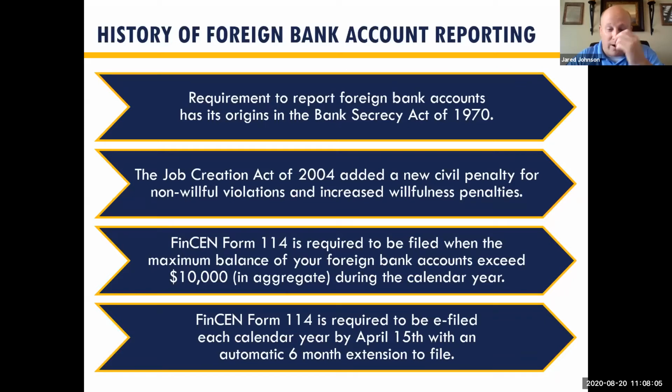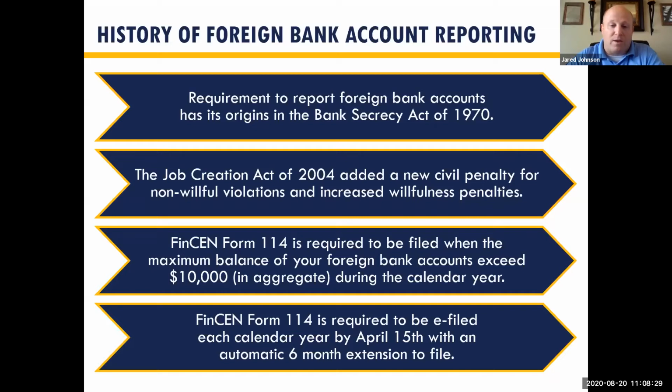This is now the FBAR form, and a lot of people call it FBAR, which is an abbreviation of foreign bank account reporting. You can see here that the filing obligation for an FBAR starts when you have accounts in aggregate of $10,000 during a calendar year.